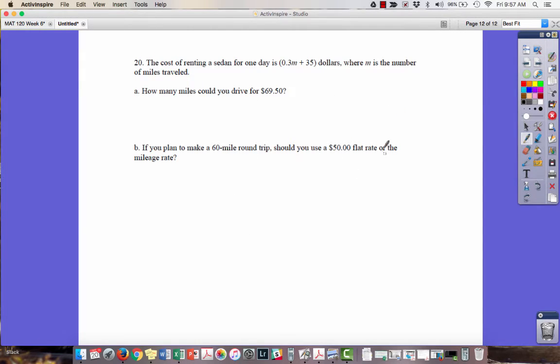And then the last question on the quiz: the cost of renting a sedan for one day is basically 30 cents a mile plus $35. So how many miles could you drive for $69.50? Well, there's two ways of doing this question. I can say, okay, 69.5 equals 0.3 m plus 35. I can put it into the equation. If I put it into the equation, I'm going to start by subtracting that 35.